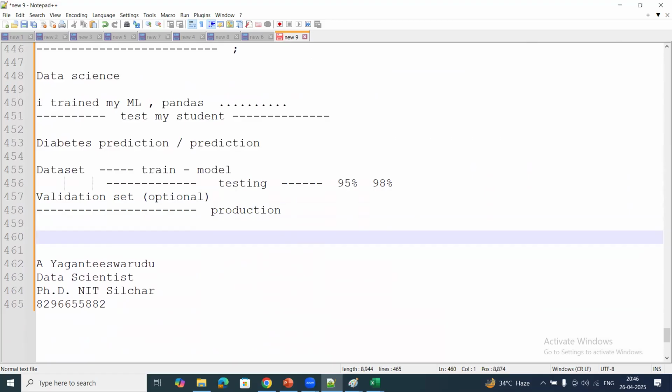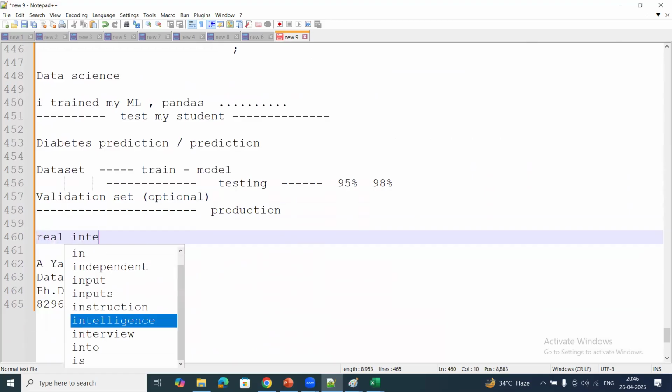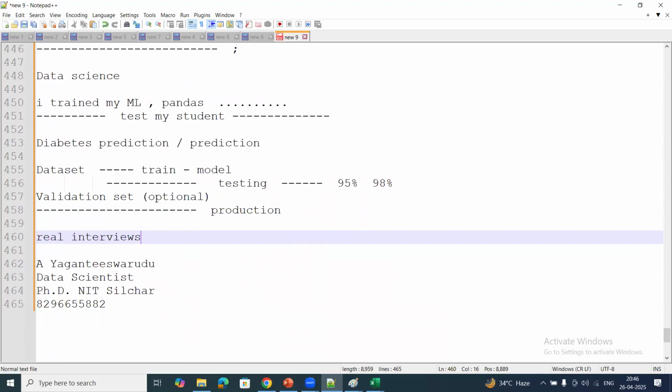Next, evaluation is nothing but him attending real interviews. During that time he can be tested by outsiders, like the interviewer can ask some questions, maybe which I trained, maybe some not trained. Then we can actually evaluate during the validation.